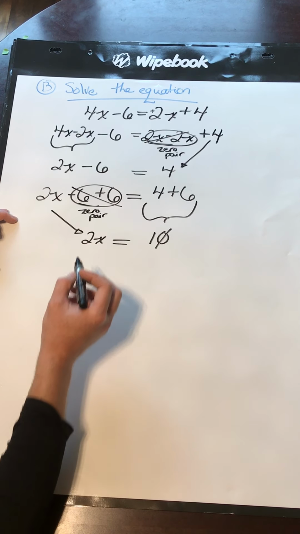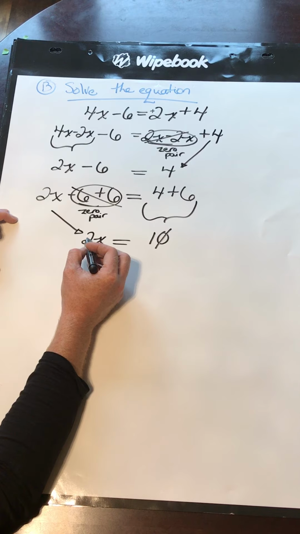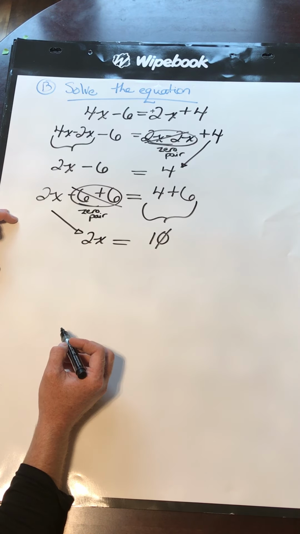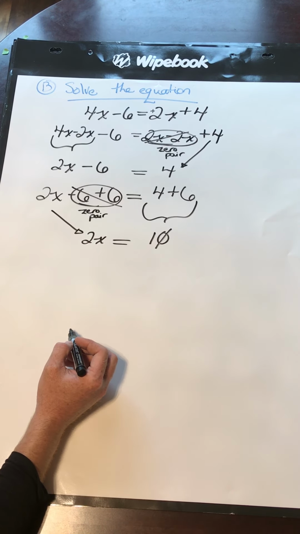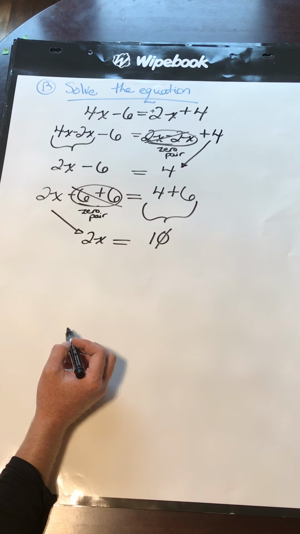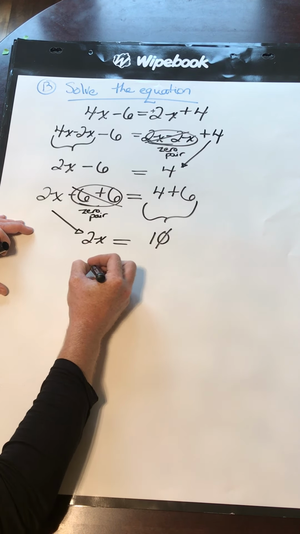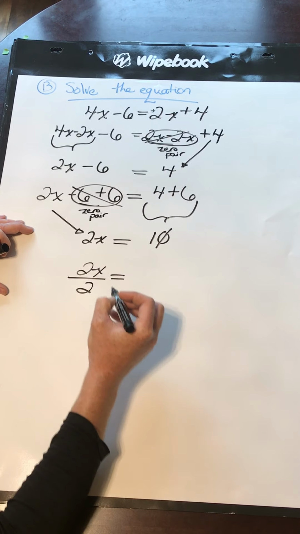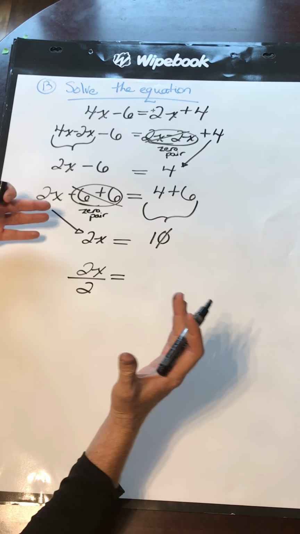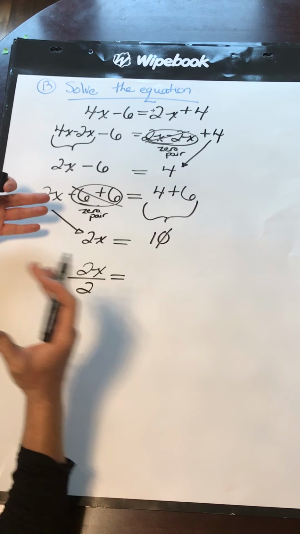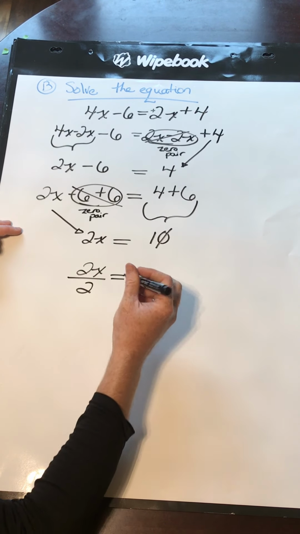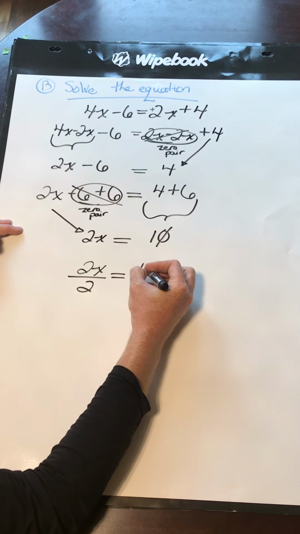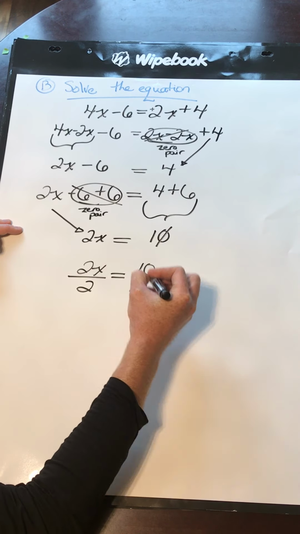And the inverse of x multiplied by 2 is x divided by 2. So we are going to divide 2x by 2. But in order to keep everything balanced, whatever we do to one side, we must do to the other. So I must also divide the right side by 2.